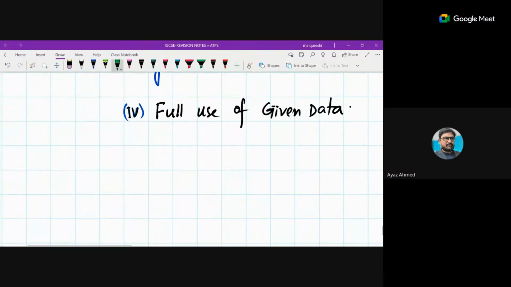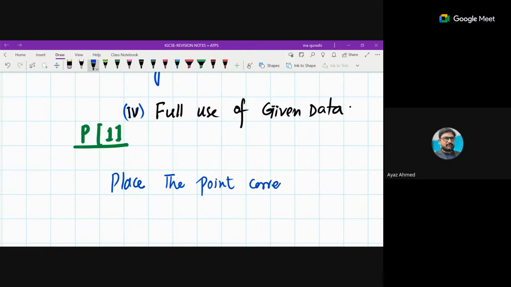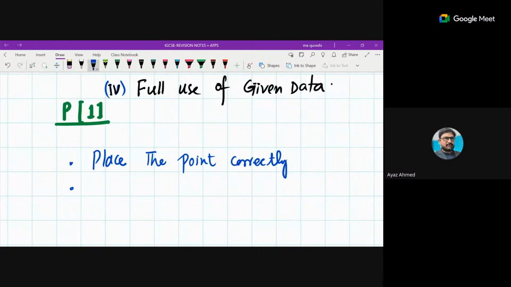Okay, so plotting means one mark, how to plot it. Once you are plotting the data, you have to place the points that are given in the data. Place the points correctly. The corresponding points must be placed correctly.